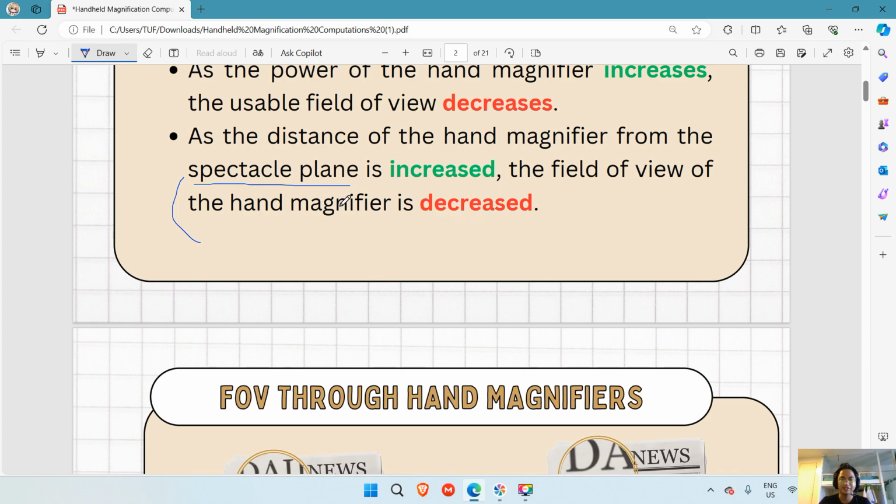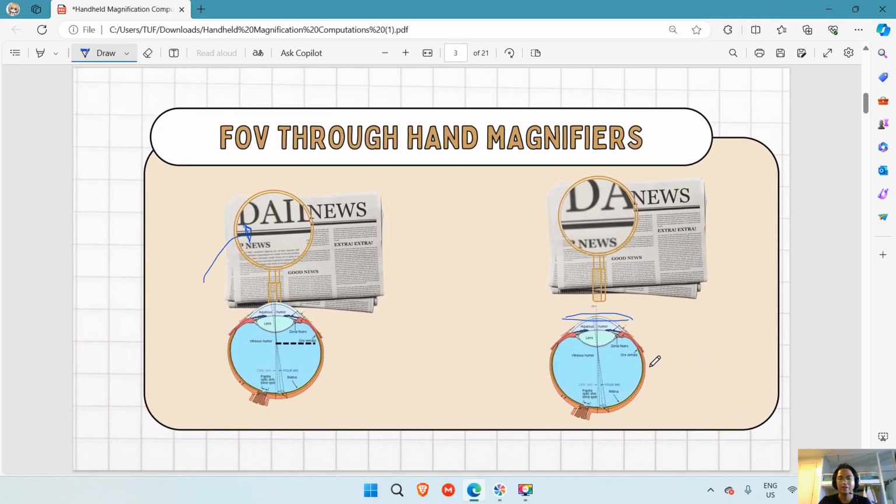And it is stated here, if that distance is increased, the field of view of the hand magnifier is decreased. As you can see in this example, compared to the previous example, the hand magnifier is moved farther from the spectacle plane, so the visual field is further decreased.